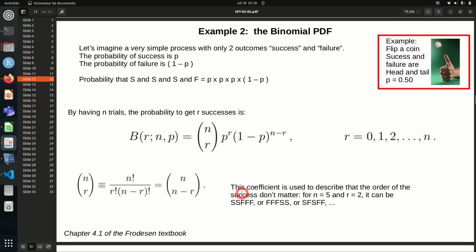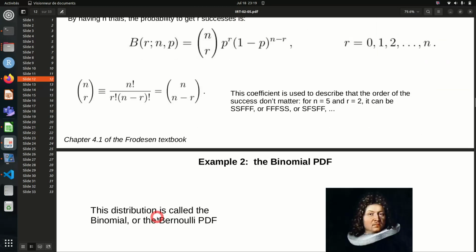And this expansion of the number of cases that you accept because of the combinatorics is expressed by this coefficient. If you want more details about this function, I invite you to look at chapter 4.1 of the Frodesen textbook.